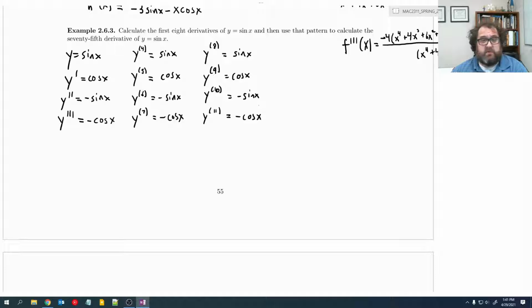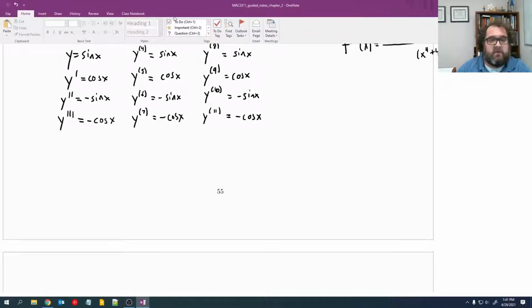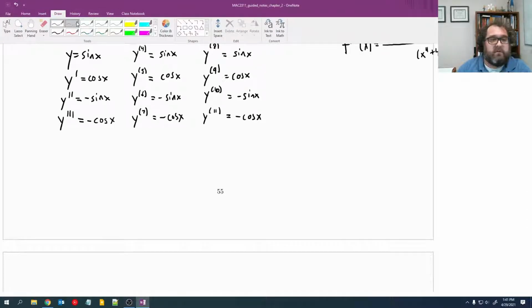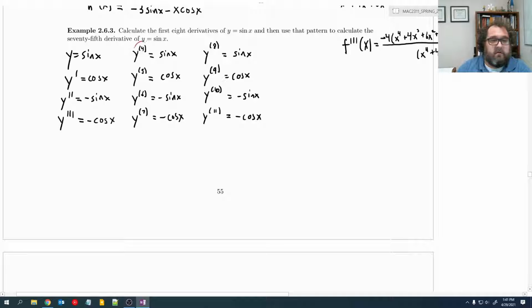But here's what I want you to see. Notice that every fourth derivative, for 8, is sine. Sorry, I shouldn't say it that way. Every derivative that is a multiple of 4 is equal to sine.